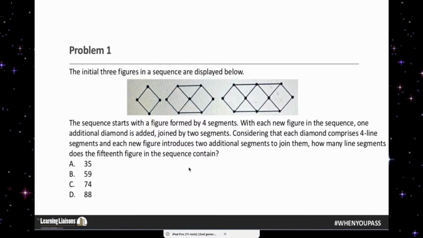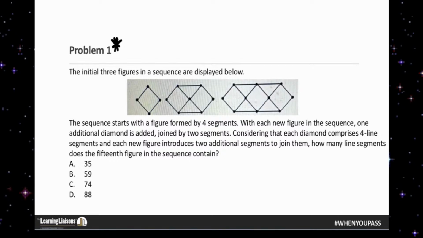All right. This problem was specifically requested by my friend Leah, who's not even here, so I'll have to tell her to check out the video when she is back. The initial 3 figures in a sequence are displayed below. The sequence starts with a figure formed by 4 segments. With each new figure in the sequence, 1 additional diamond is added, joined by 2 segments.